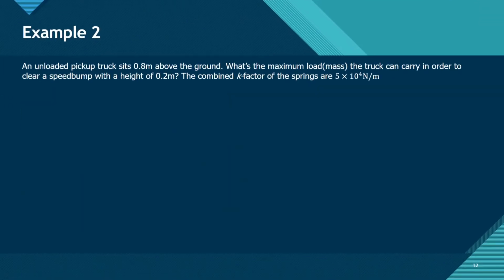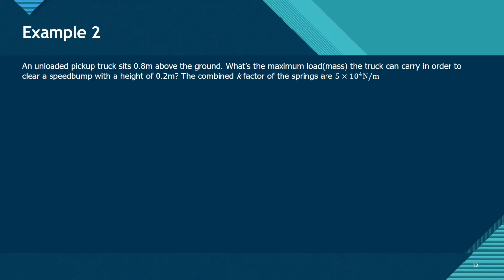For our second example, the question states: an unloaded pickup truck sits 0.8 meters above the ground. What's the maximum load? In this case, we really want the mass. Remember that you can use the loads to determine your mass. The truck can carry in order to clear a speed bump with a height of 0.2 meters.